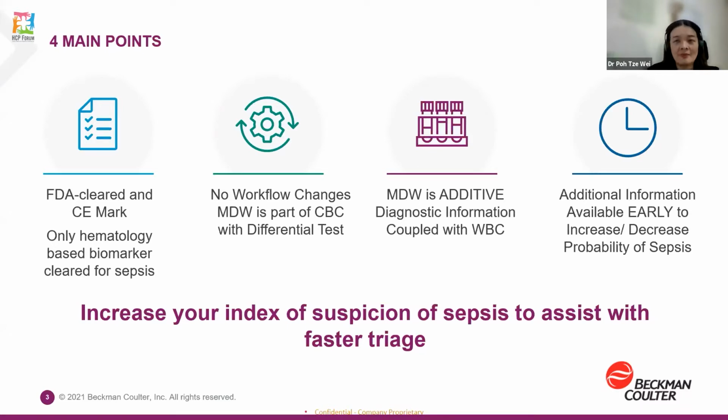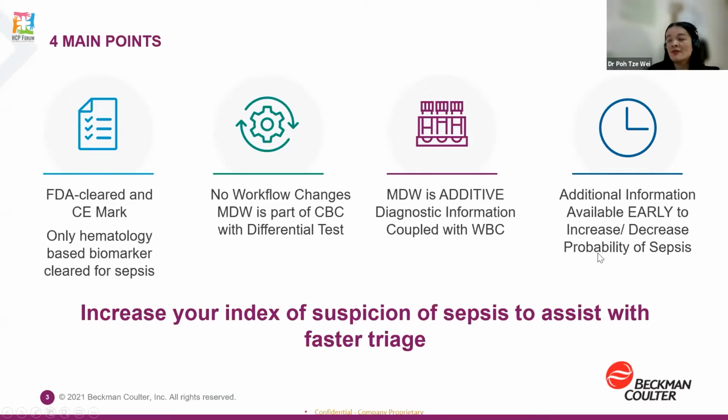As you know, there are many biomarkers available, both from the core clinical laboratory as well as point of care. But the key strength is that MDW can provide additive diagnostic information coupled with white blood cell count, with no workflow changes and no cost to the patient. It's available very early on simply because it's available with every CBC with differential that's ordered, and usually these are ordered very early when the patient is coming into the emergency department.